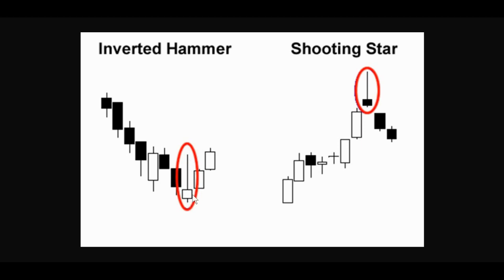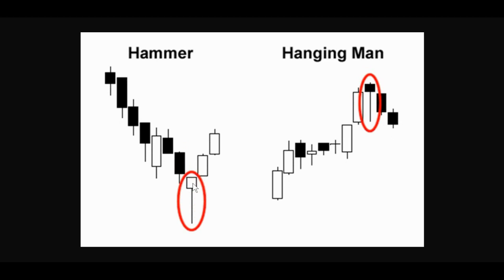And then for confirmation, the next couple of candles are up, and so that could possibly confirm that this was an inverted hammer, because it's at the bottom of a downtrend. Just like the regular hammer. The hammer was at the bottom of a downtrend.